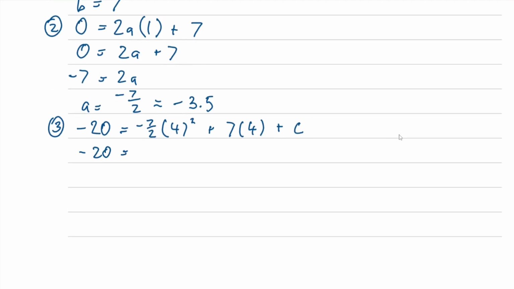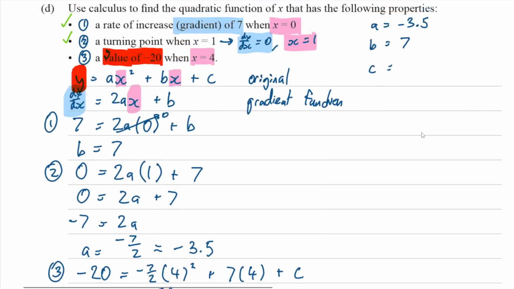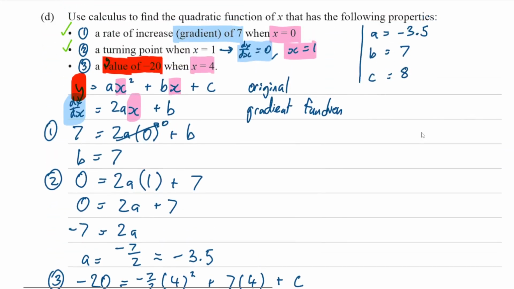So 4 squared is 16, over 2 is 8, negative 7 times 8, negative 56, plus 28 plus c. Negative 56 plus 28 is negative 28. Add 28 to both sides, we get c equals positive 8. Excellent. So, looking at our scoreboard over here, we found a, b, and c, right?